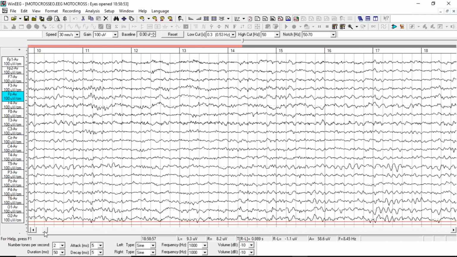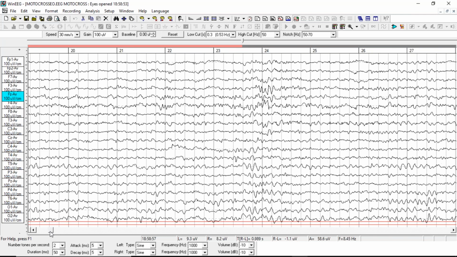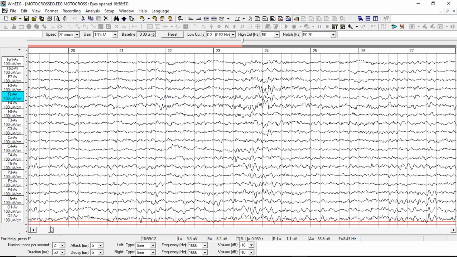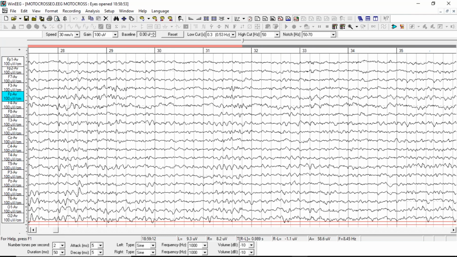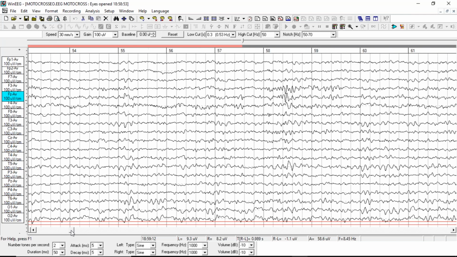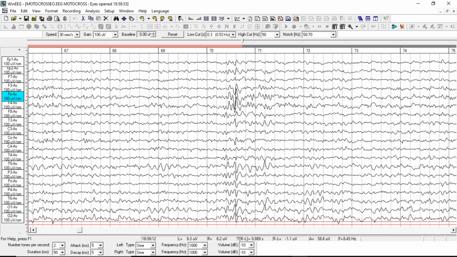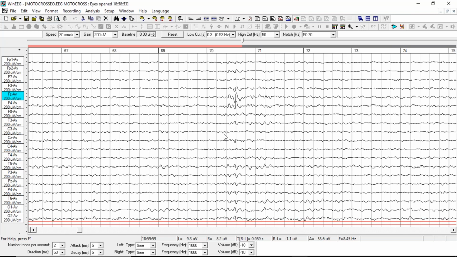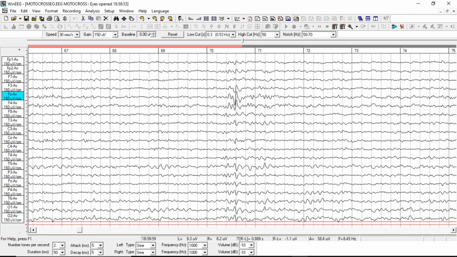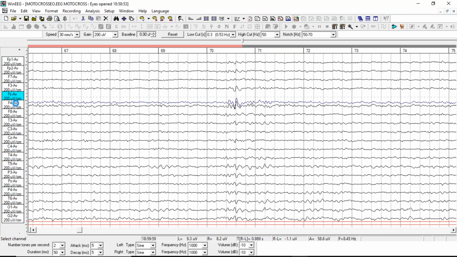If we move forward, I want to go to that same activity, FZ to F4, F3, but we're going to notice it more clearly somewhere over here. So what I'm going to do is find it and show it to you. And here it is. If I scale the sensitivity here, this is normally how we see it, but we can change the sensitivity to see it more clearly.